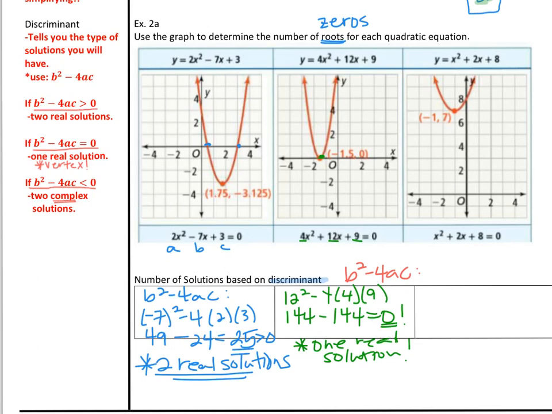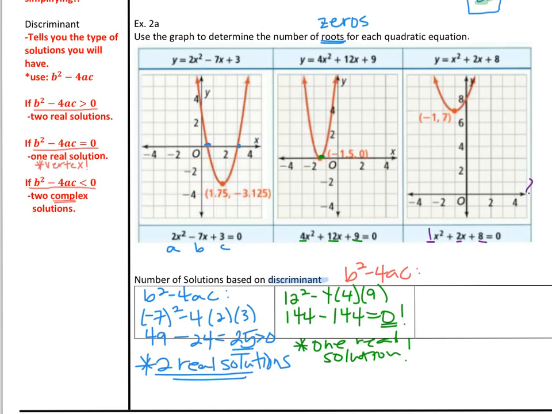In our last example, notice the quadratic function has a vertex that's well above the x-axis. So there are no x-intercepts here. To prove that algebraically, we've got a, which is 1, b, which is 2, and c, which is 8.